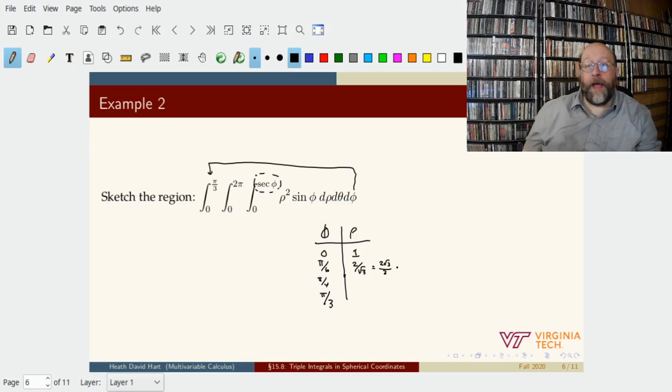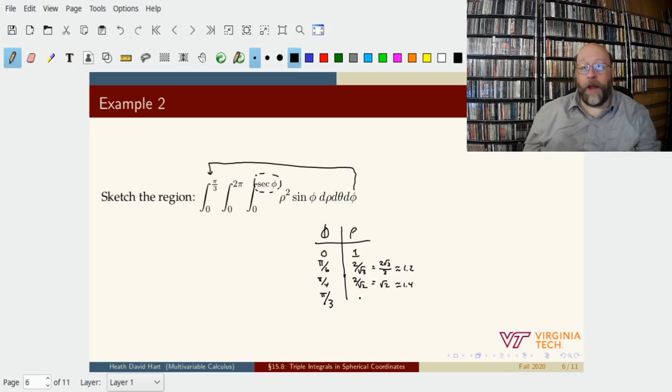And that's roughly about 1.2. And then pi over 4, cosine of pi over 4 is root 2 over 2. Rho then is 2 over root 2, which rationalizes to just root 2, and that's about 1.4.